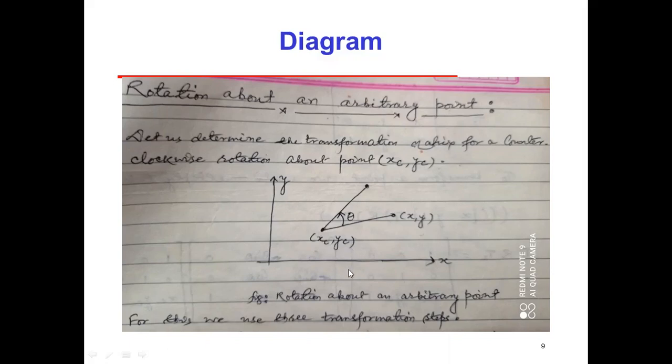First we apply translation, and after this step we can rotate the object about the origin. We always calculate the rotation about the origin, so whenever we rotate our object about an arbitrary point, first we move it towards the origin.